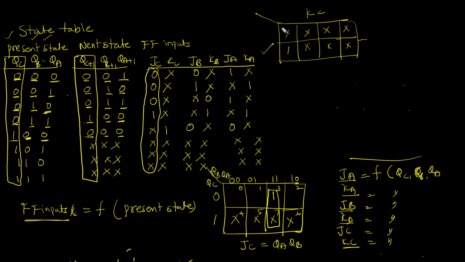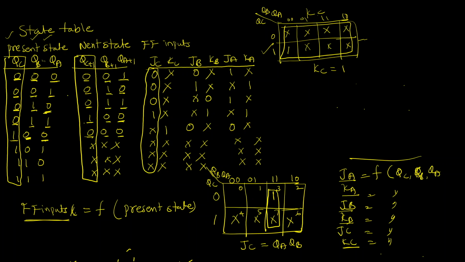So I can combine all of them. This is QA, this is QB, this is QC, with 00, 01, 11, 10. The expression for KC is 1.